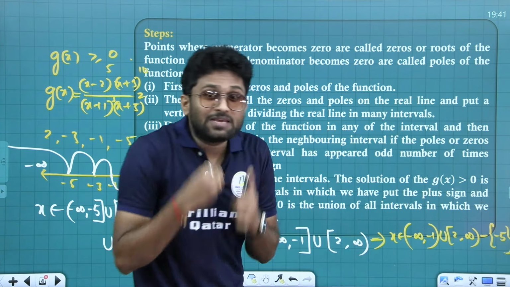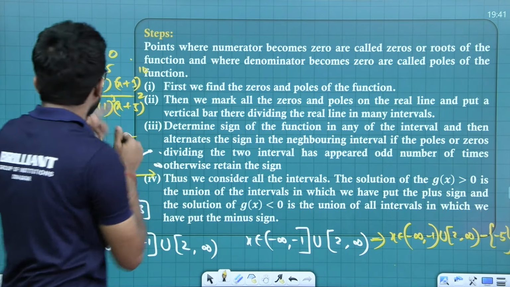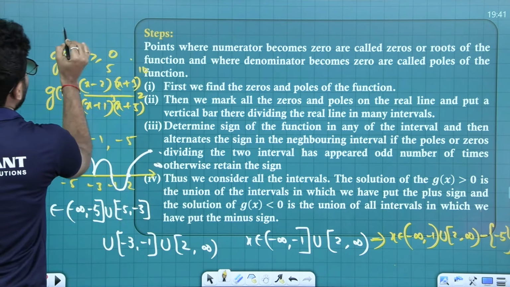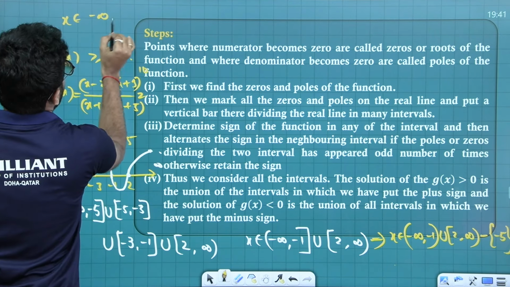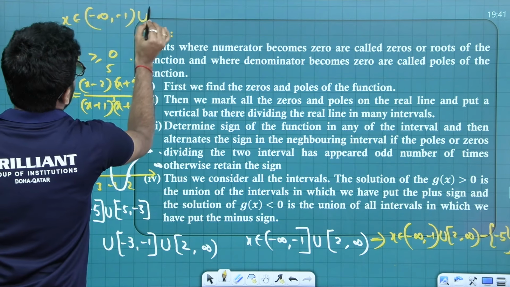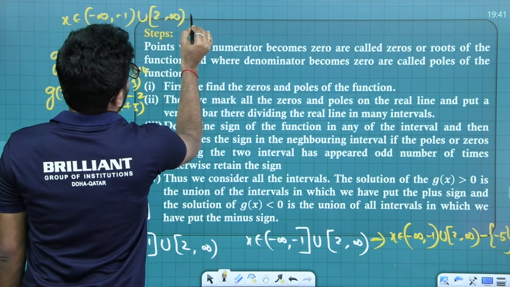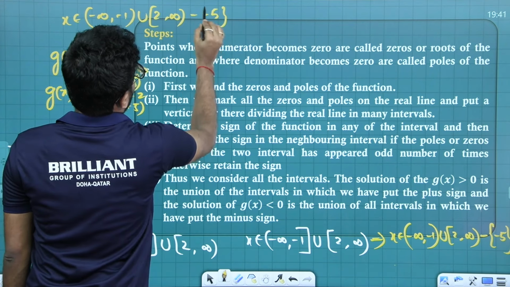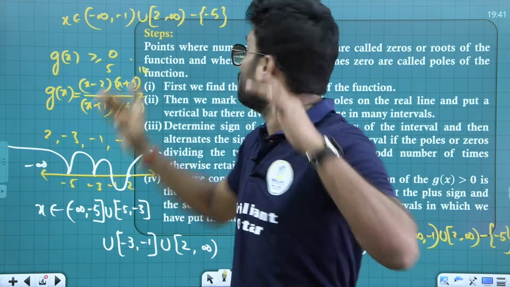That means I am eliminating minus 5 from the whole solution. So finally, the solution is: x belongs to minus infinity to minus 1, union closed 2 to infinity, from this subtract minus 5. Subtract means eliminate minus 5 from the solution that you got.